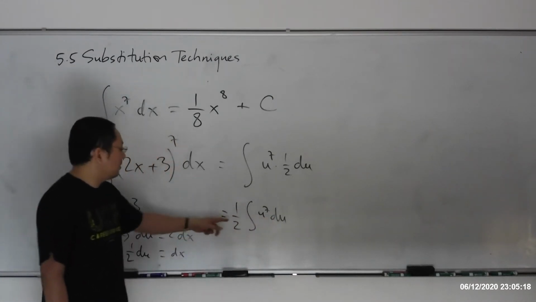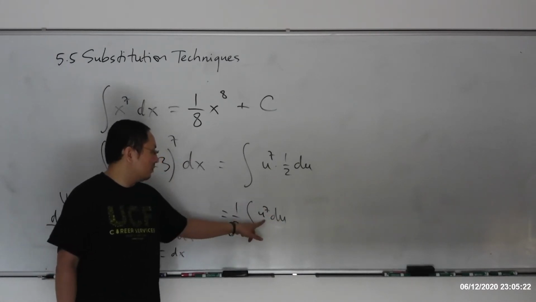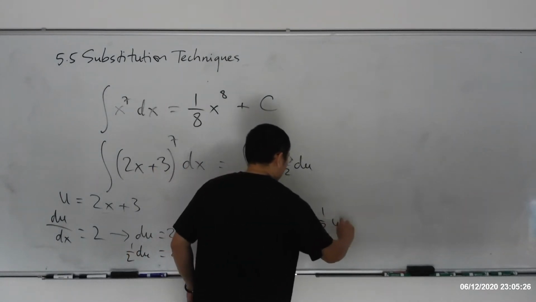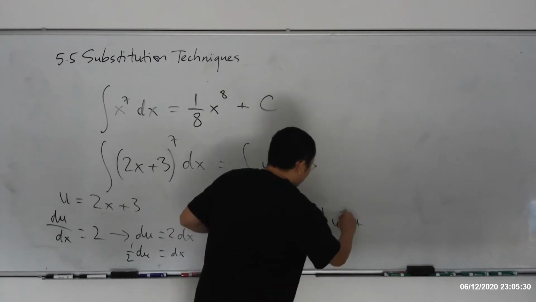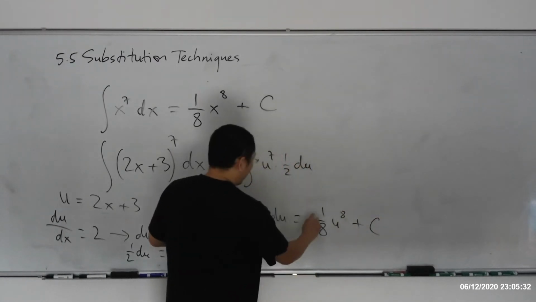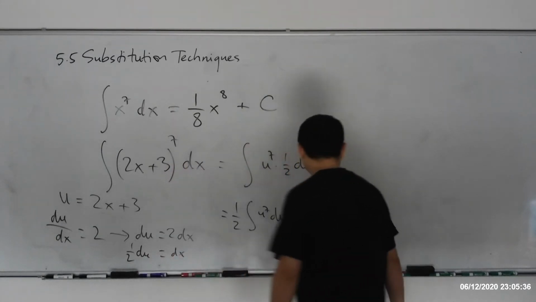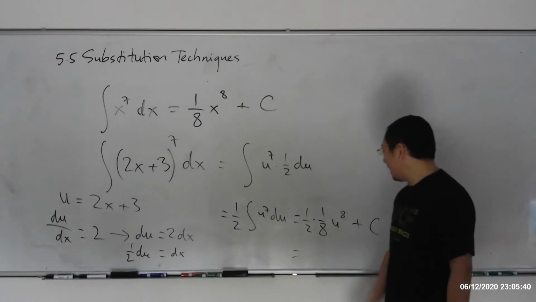What do I know about u to the 7 du? Everything here is just a dummy variable. So the integral of u to the 7 du is 1 over 8 u to the 8 plus c. But don't forget that you have 1/2 in front, so 1/2 times 1/8 u to the 8 plus c. And again, u is not our variable, it's just our substitution.